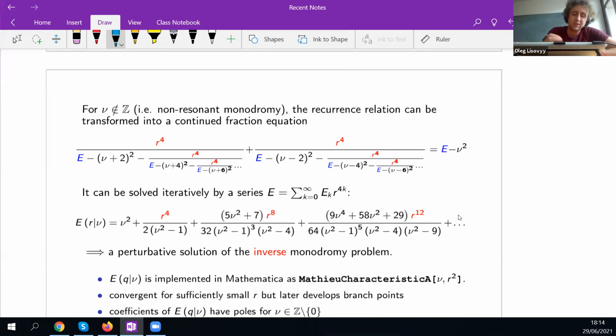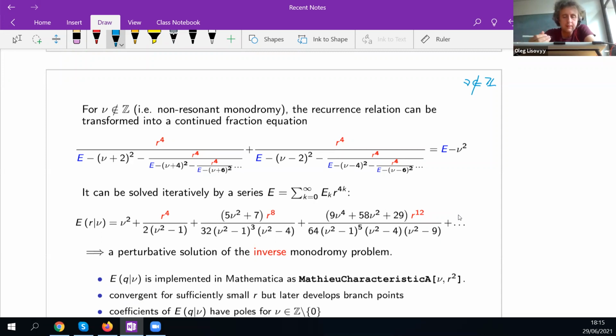One assumption, which can in principle be relaxed if we modify the computation a little bit, is that the monodromy has to be non-resonant. So the monodromy exponent nu has to be non-integer. And also the coupling constant, the coefficient in front of the periodic potential, has to be sufficiently small.